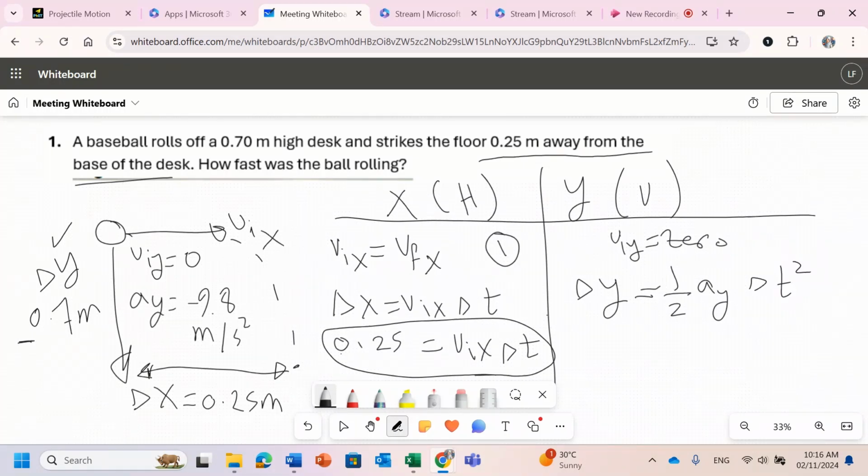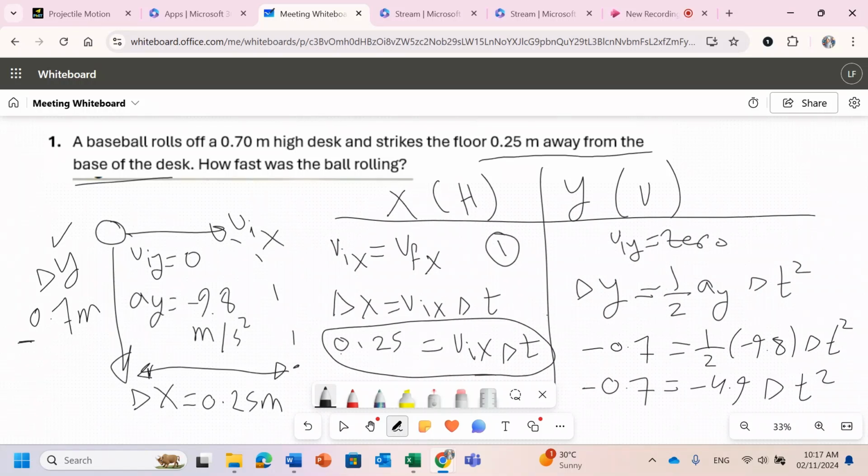Remember, it's moving down, y is negative, everything is negative, even acceleration is negative. So delta y will be negative 0.7 equals half times negative 9.8 times delta t squared. So this will be negative 0.7 equals negative 4.9 delta t squared.